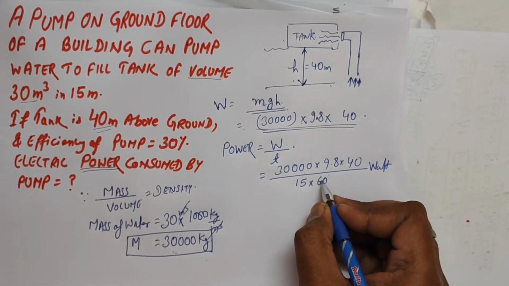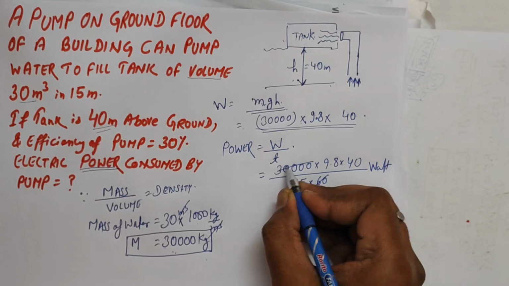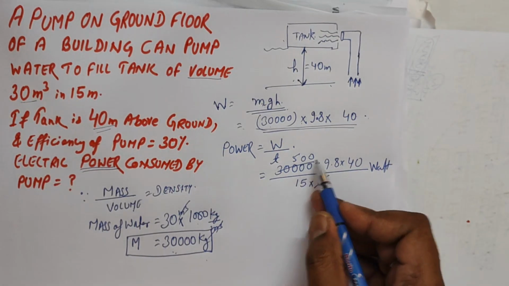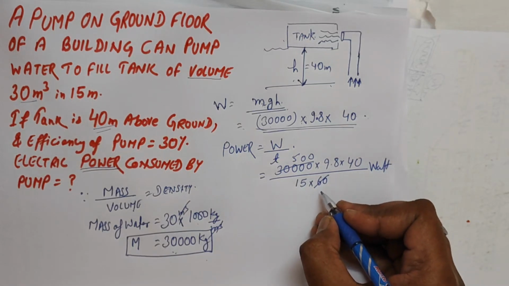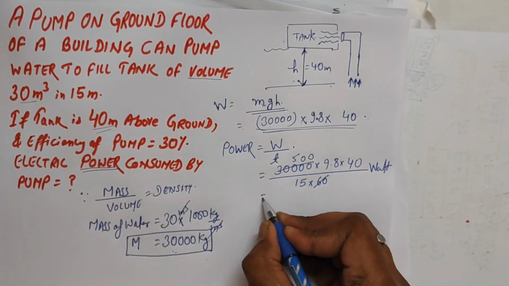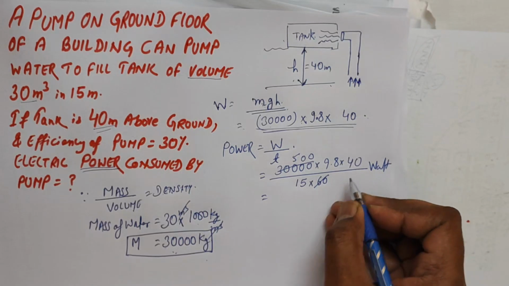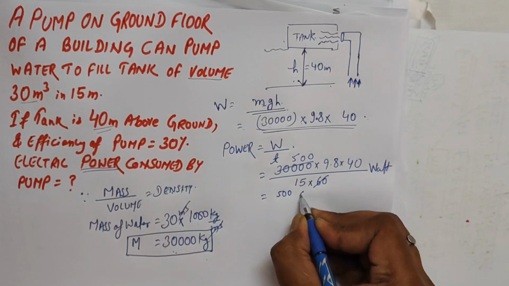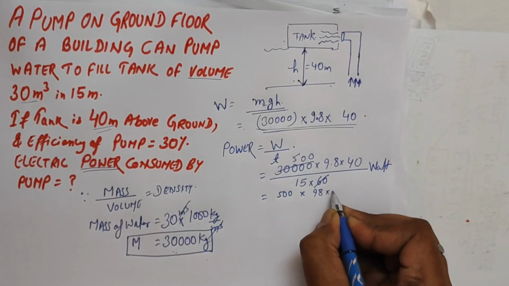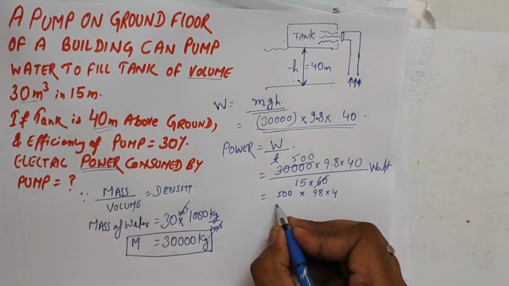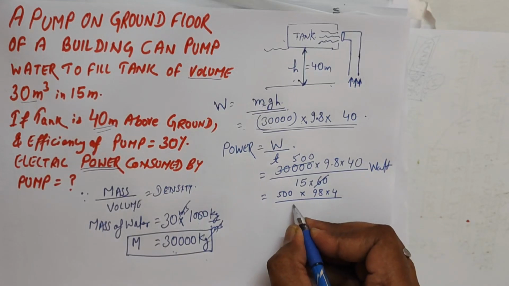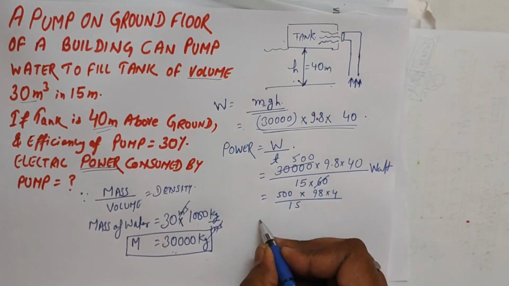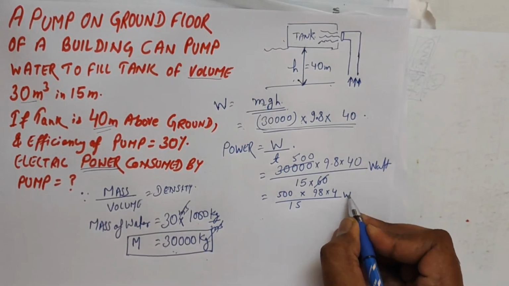Solving it, 30,000 divided by 60 gives 500, then it will be coming as 9.8 into 40. This will be 500 into 98 into 4, this decimal will be removed, divided by 15. This will give you this much watt.